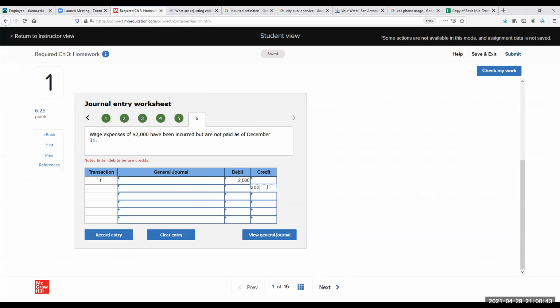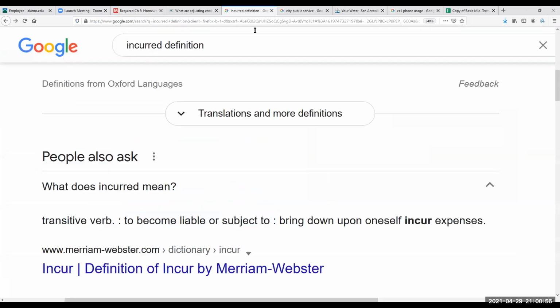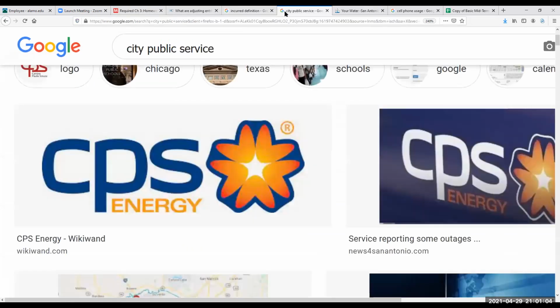What does incurred mean? You owe wage expense, you owe expenses of $2,000. So that means to become liable or subject to. So you're liable, you owe someone. So when you use your electricity all month, you've incurred electrical expense.